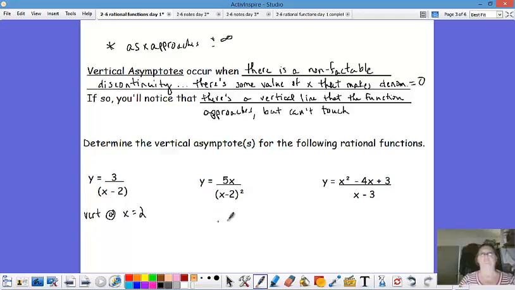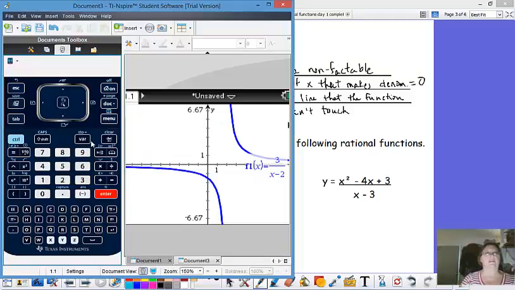What do you think about this one? The function says 5x over the quantity x minus 2 squared. This also should have a vertical asymptote at x equals 2. You can see that there's going to be a problem area there, but this might be an interesting one to look at. Let's go back to the graphing calculator and scope that one out for a minute.